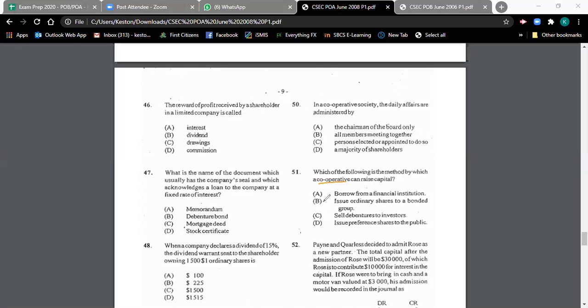Well, C and D is out for sure. But a cooperative, think of it like a credit union.